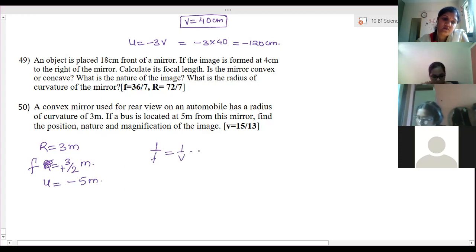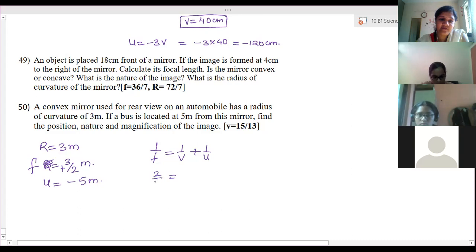Yes. Why is u negative? Now you are asking this question after solving so many questions. No, but the mirror is in front and the bus may be at the back, so it may be positive. So is the bus in front of the mirror or on the backside of the mirror? Front, yeah.